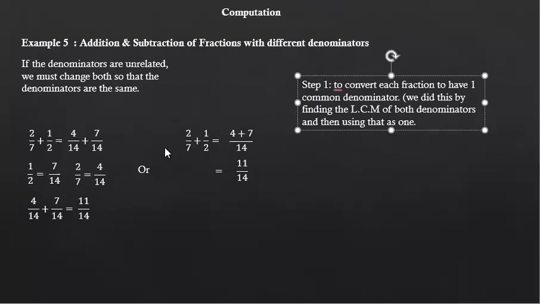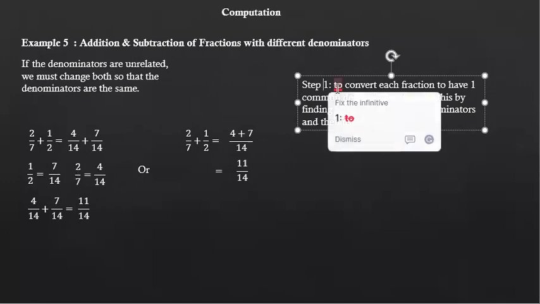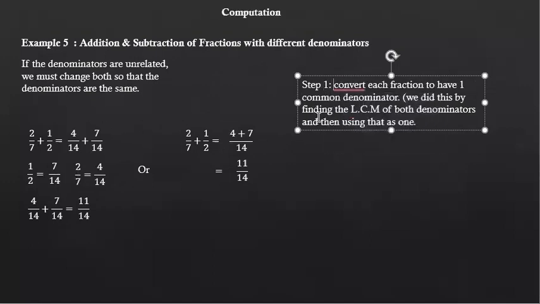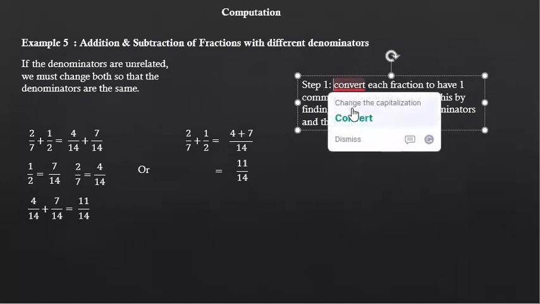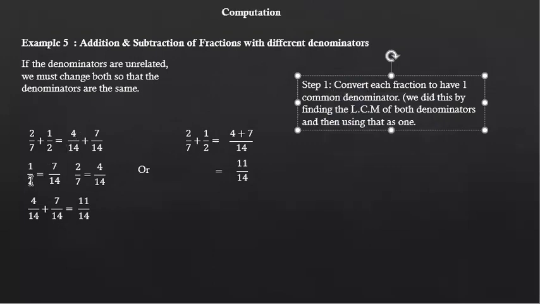Now, how we could do this is that we have 2 over 7 plus a half. So we could have done it individually like we did here. And the lowest common multiple of 7 and 2 is 14. So when we find the lowest common multiple of 7 and 2 being 14, what we have is that 7 divided into 14 will give us 2.